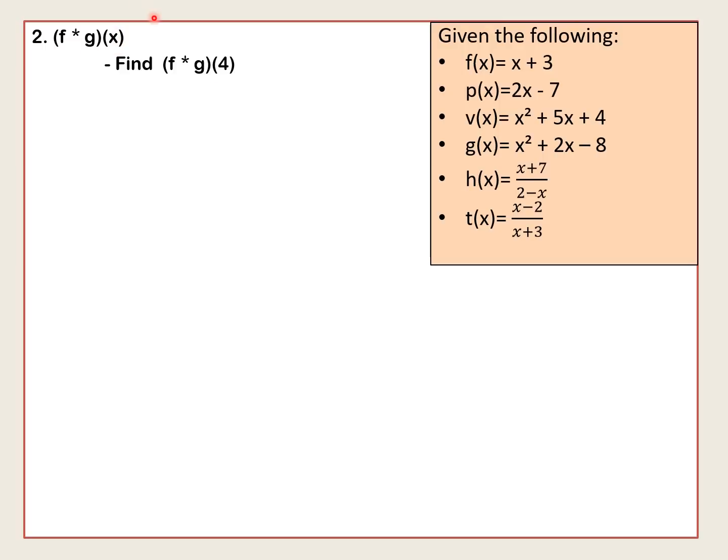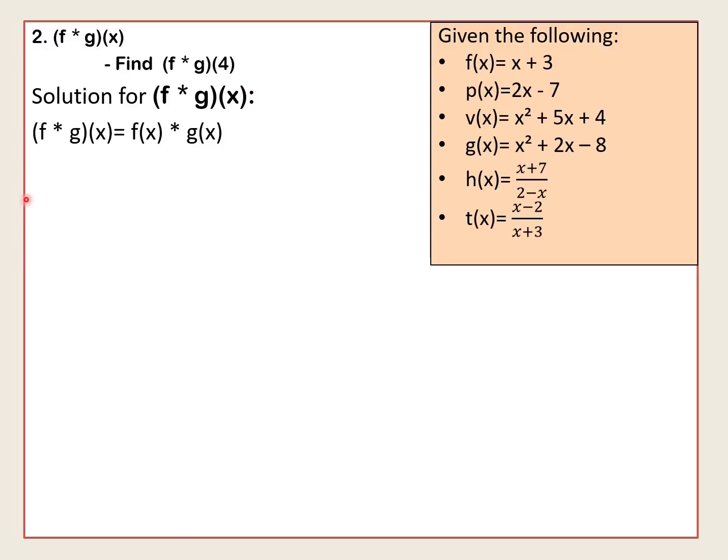Okay? So, using the given functions here in the box, we just need f, which is x plus 3, and g, which is x squared plus 2x minus 8. So, let's have first the product of f and g. Okay? f and g of x. What is the definition of the operation multiplication?